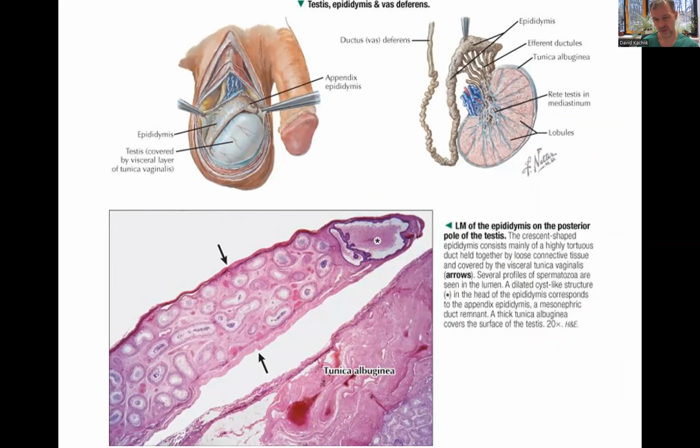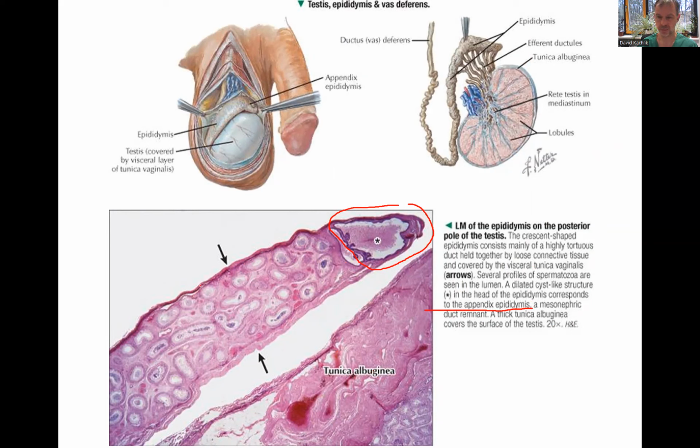On the cross section, we can see the remnants of the development. So this is the so-called appendix epididymis, which is a remnant of the mesonephros, of its duct, of the Wolffian duct, of the beginning of the Wolffian duct.